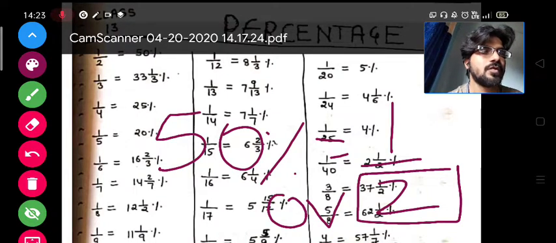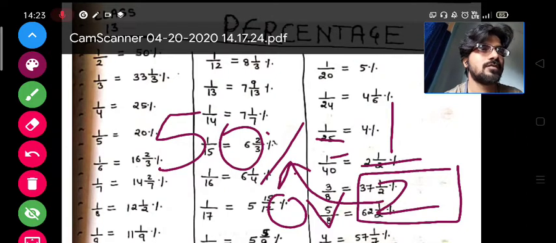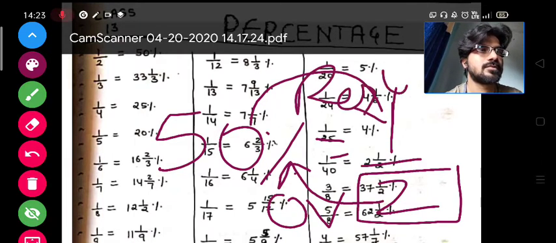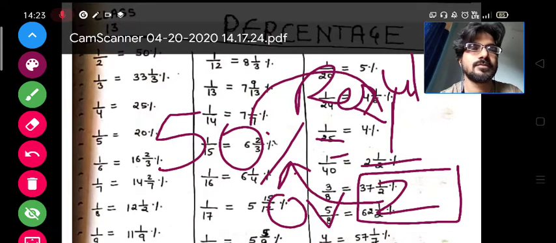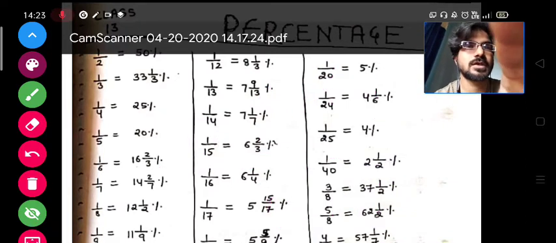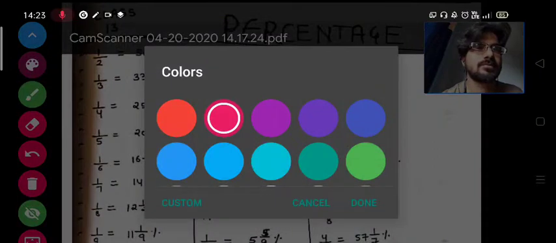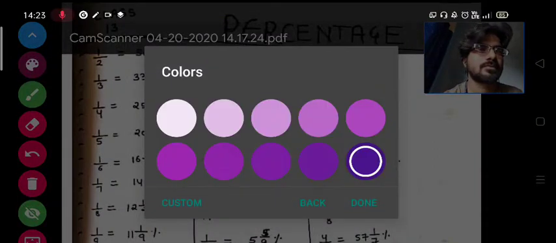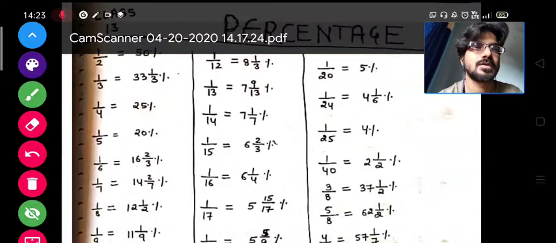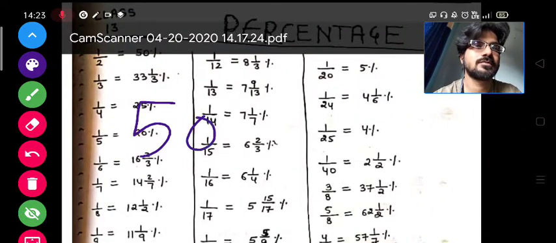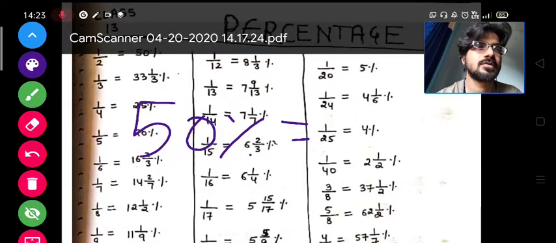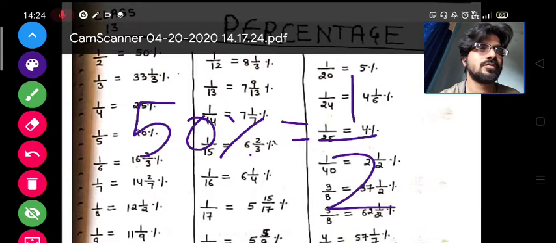Whenever you apply this to the original value, it will give you the result. So this is the result. Let me brief you once again. Suppose it is 50% and the value is 1 by 2.